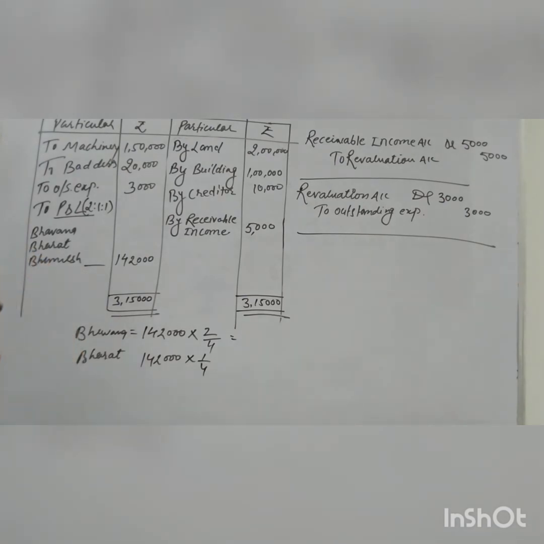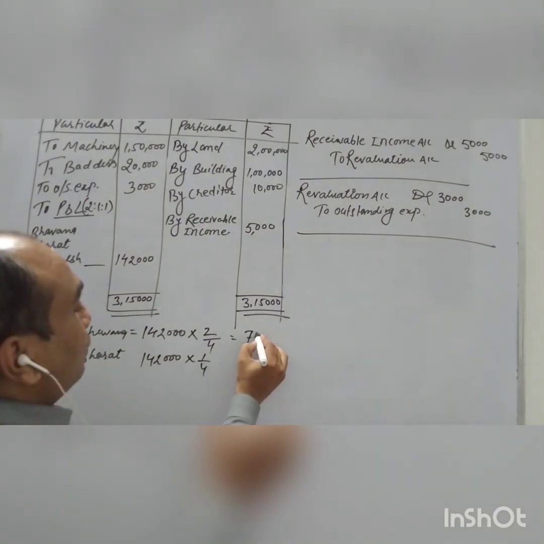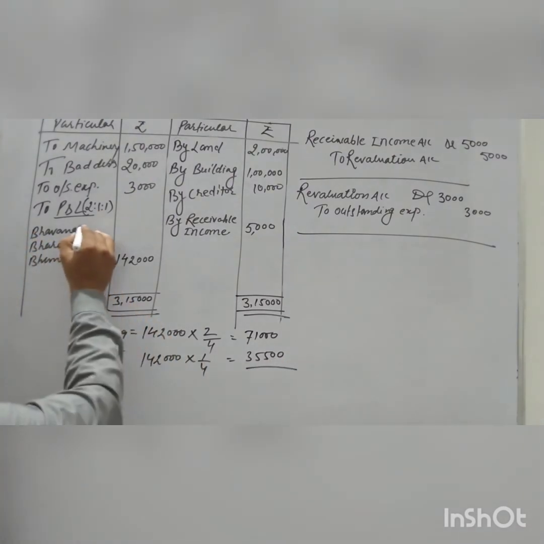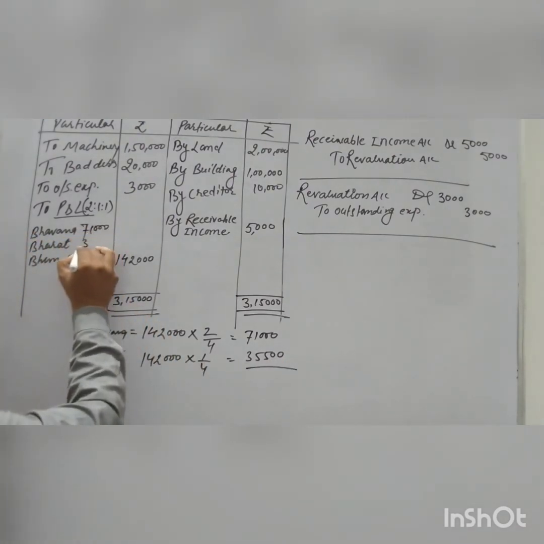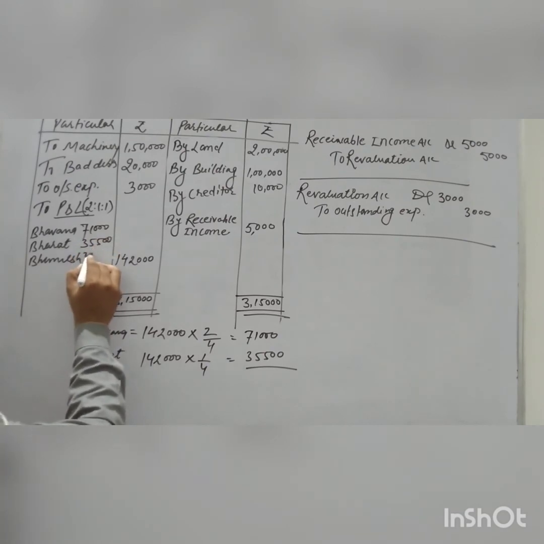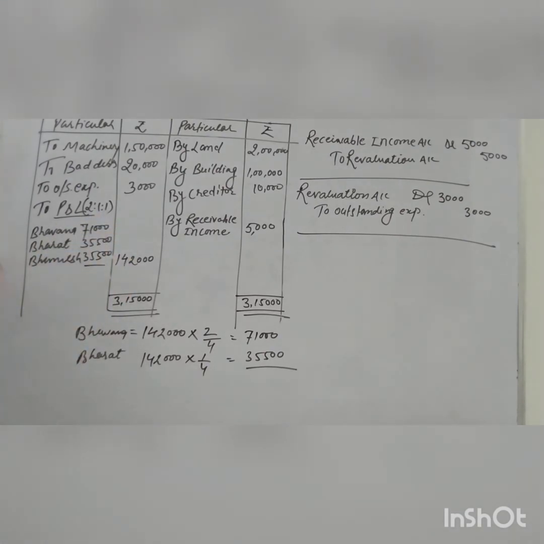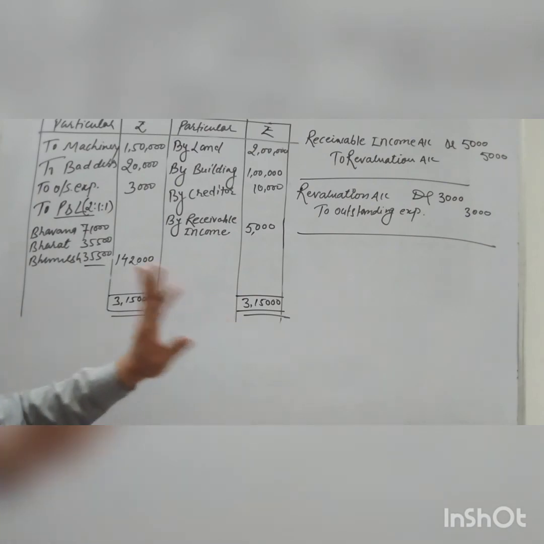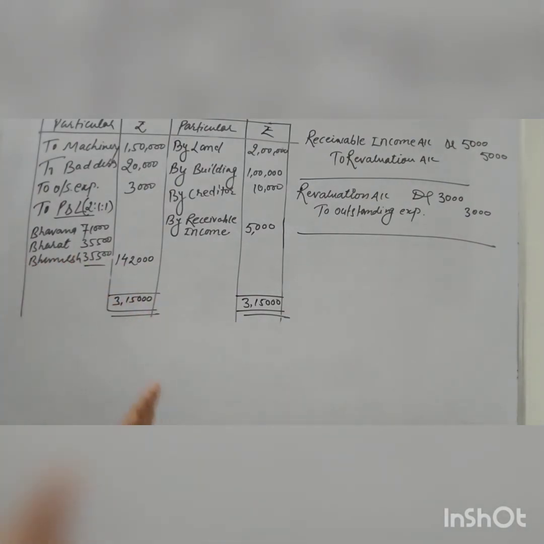Now calculate 1 lakh 42,000 into 2 by 4. It comes to 71,000, and here 35,500. Okay, 71,000, 35,500, and again 35,500, because it's also one ratio profit. If I add all these figures, it will become 1,42,000. This profit will be transferred in the partner capital account in credit side.